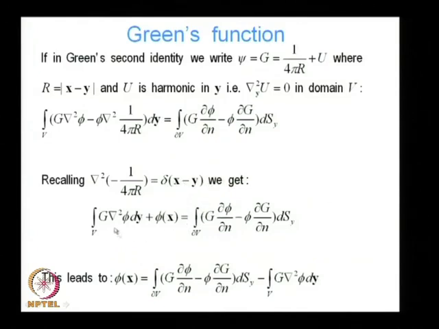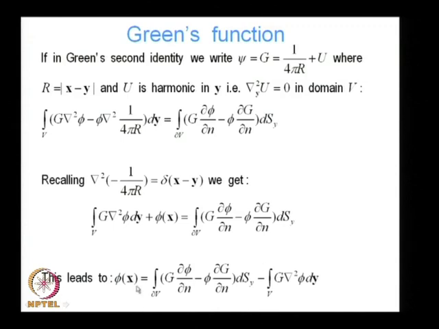Then what do we get? We get g Laplacian of phi minus phi del x minus y integrated over dy. So, that is going to give me phi of x. That must be equal to the integral over the volume, over the surface of g del phi del n minus phi del g del n.